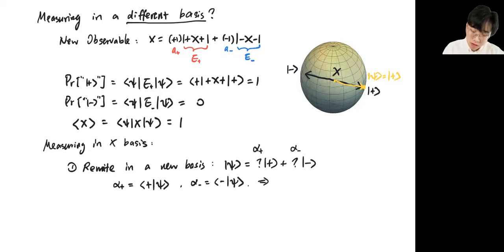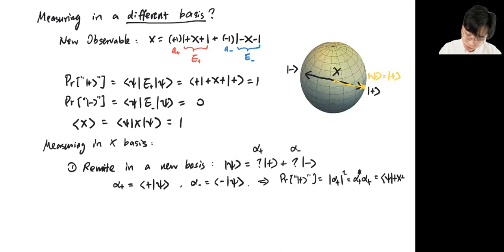So the probability of measuring plus is just alpha plus squared, which is alpha plus times alpha plus, which is in agreement with our original equation.